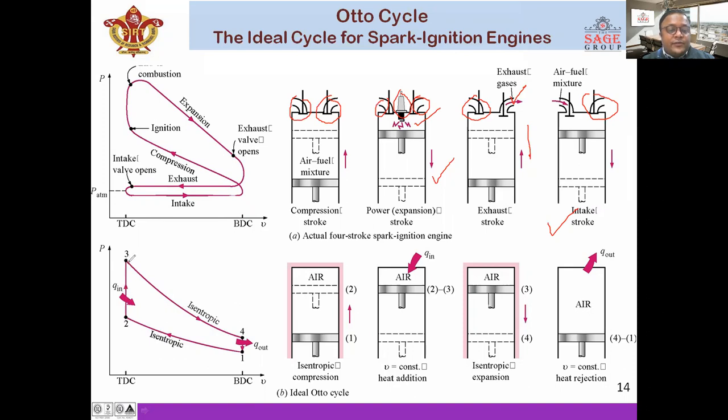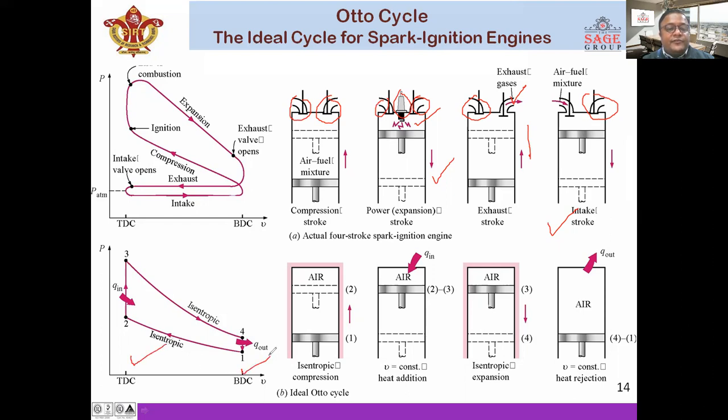Combustion takes place at constant volume, and when the combustion process is completed, isentropic expansion takes place, the 3 to 4 process described in the PV diagram. And 4 to 1 is the exhausting of the gases at the outermost condition, where the gases flow to the atmosphere at constant volume. This is the TDC condition where the piston is at the topmost position.